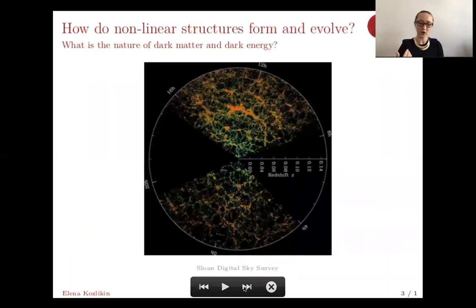Right. So what is actually the motivation behind this new approach? First of all, we want to understand nonlinear structure formation, so how nonlinear structures form and evolve.